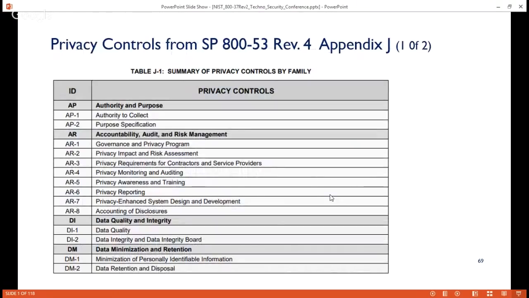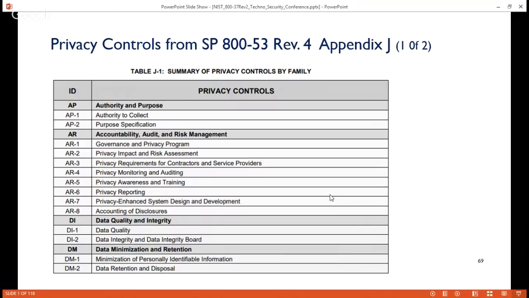Okay, from 853 Rev 4 Appendix J, here's your list of privacy controls. And the catalog fleshes that out a lot more, but you have controls related to authority and purpose. That's the authority to collect PII, and then the purpose where you tell the user what you're collecting that information for. You want to look at accountability, audit, and risk management controls.